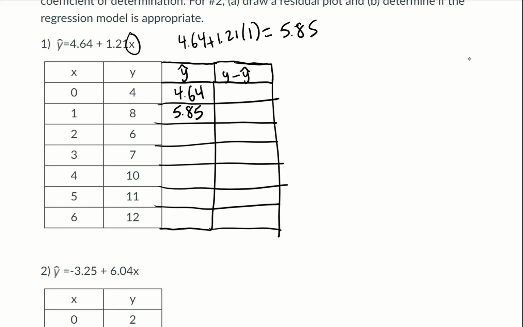So we do 4 minus 4.64, which is negative 0.64. For the next one, the y value is 8, so we do 8 minus 4.64, which in this case is 3.36. And that's how you get those other values.